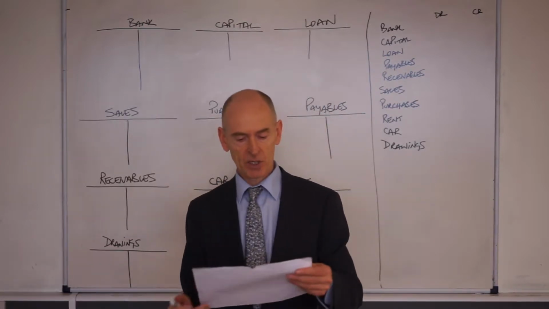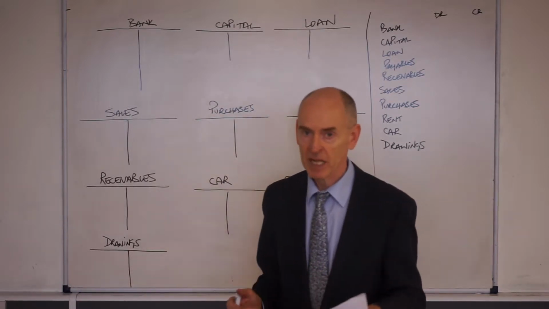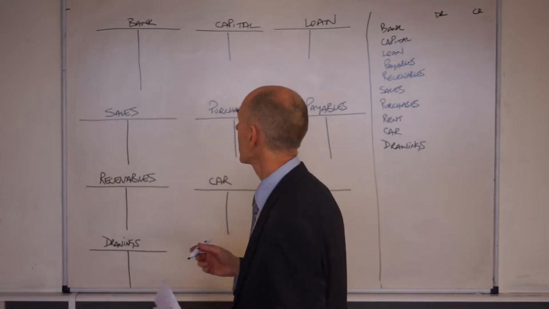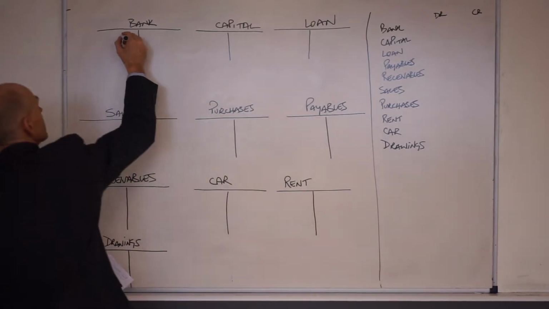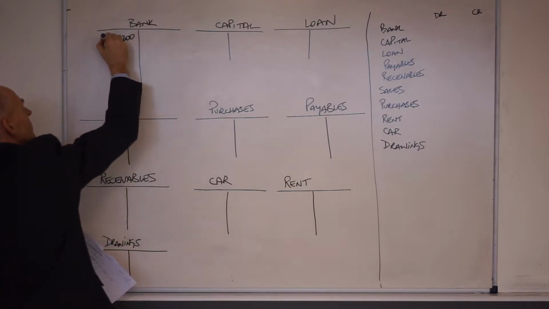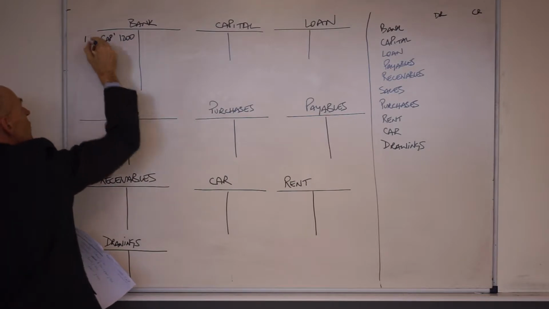First transaction I've decided on is we're going to start the business with £1,200 in the business bank account. So as we know, bank is an asset. Assets are debits, £1,200. The other account involved is capital, which I'll abbreviate. It's transaction 1.